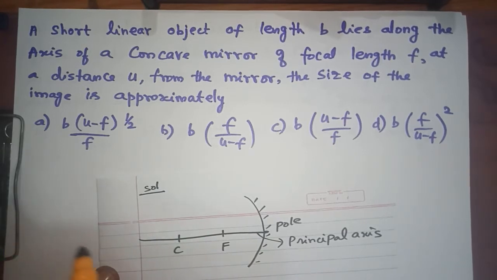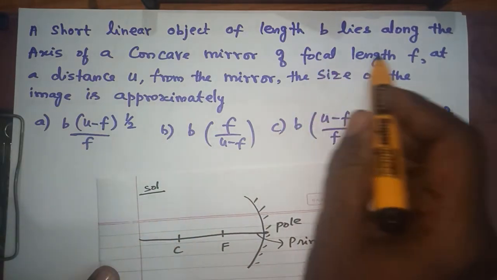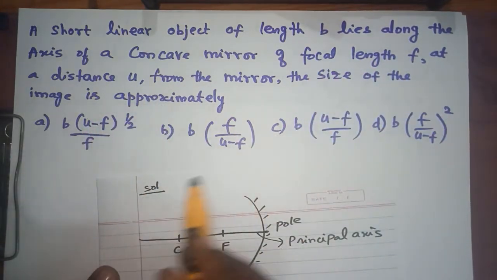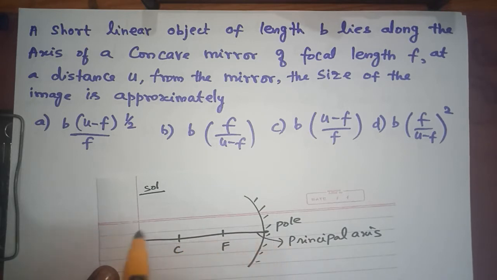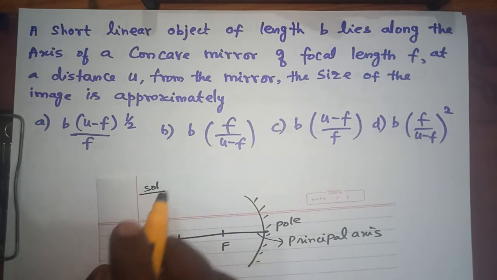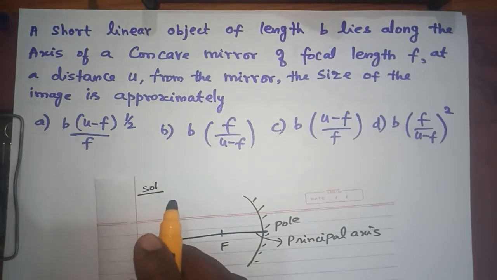A short linear object of length b lies along the axis of a concave mirror. This is the principal axis, and the object lies here along the axis of the concave mirror.